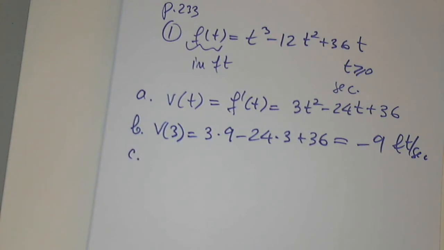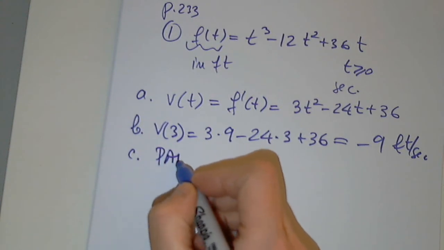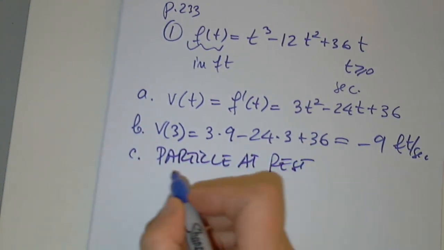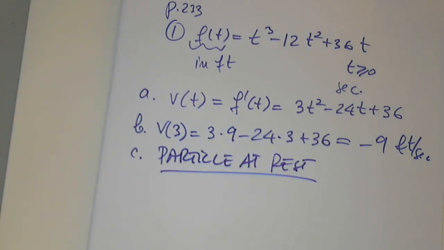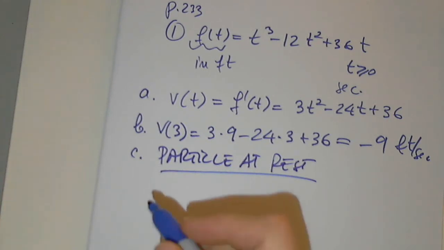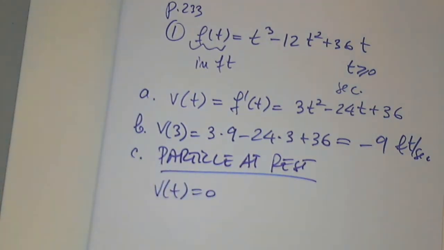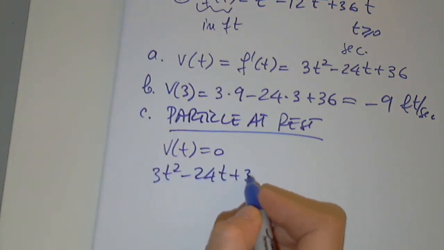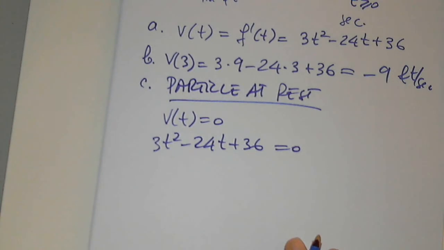Okay, part C. In part C, they want to know, when is the particle at rest? When is your car at rest? v of t is equal to 0. Excellent. When v of t is 0, which means 3t squared minus 24t plus 36 equals 0.